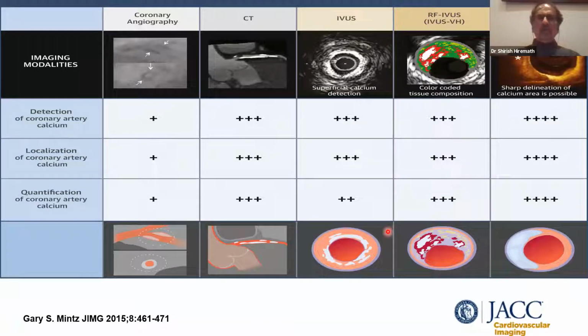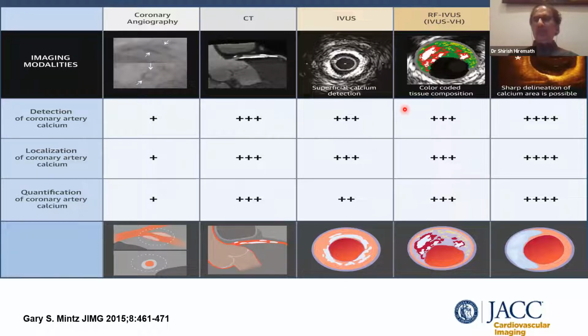So this is the overall comparison between the conventional angiogram. You would see you have only a single plus here, while CT angiogram has 3 plus. The IVUS has 3 plus, but if you use IVUS with histology, these bright white spots show calcification.